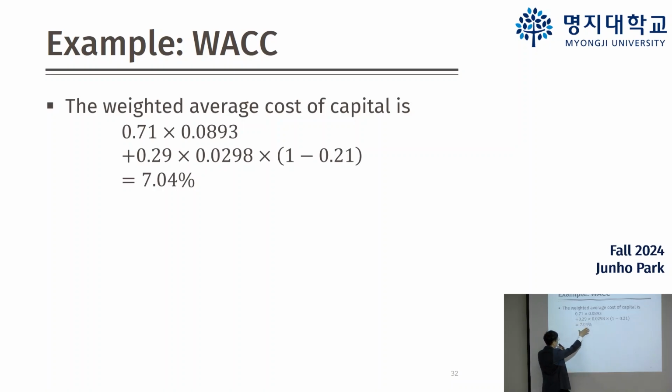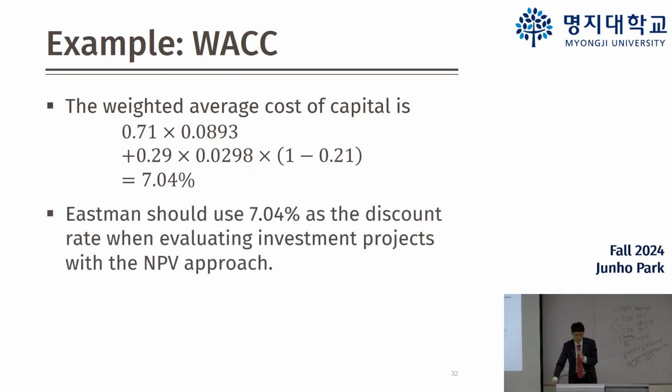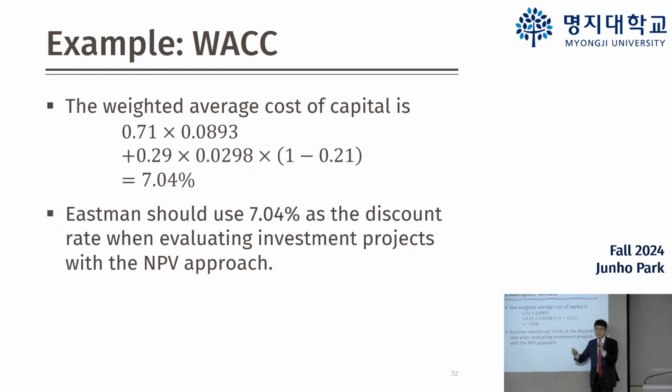And finally, we get 0.0704, which is 7.04% as the weighted average cost of capital. And whenever Eastman, this company, evaluates their projects, or whenever the company wants to know about their value, they should use this number as the discount factor in their calculation of the net present value.